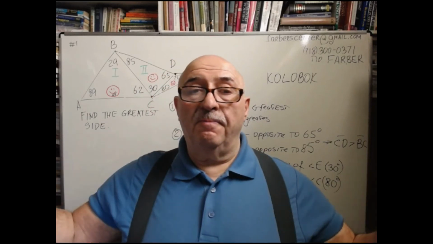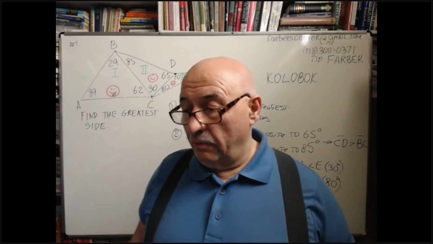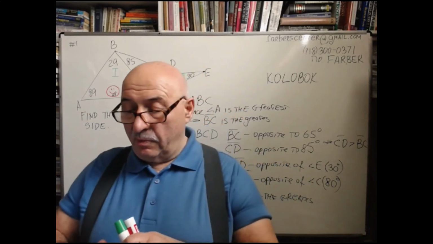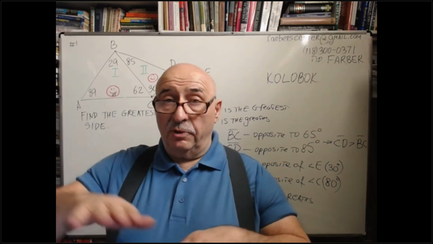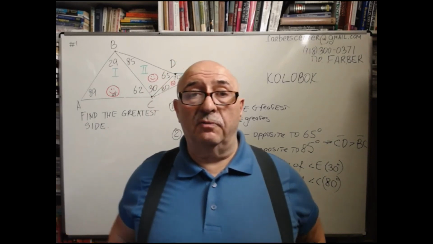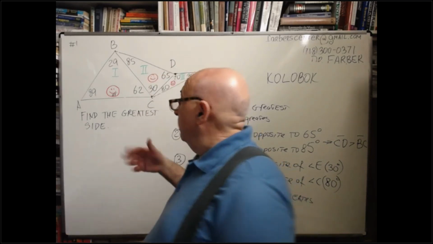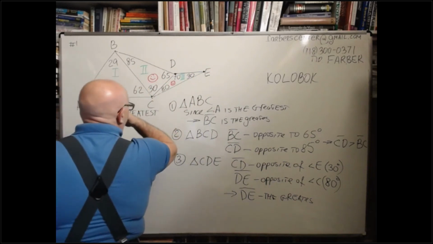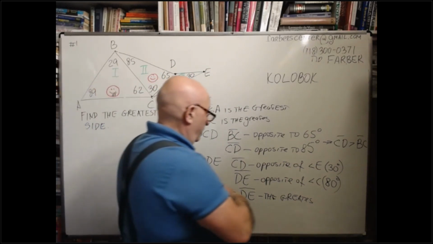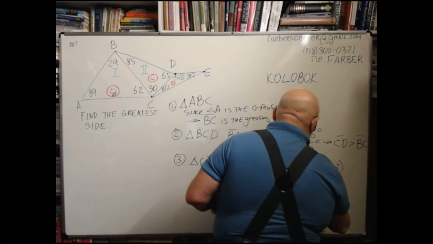When you have the internet and you want to find something, we have sorting algorithms that sort numbers from smallest to greatest, easy to find. After that, we have binary search or different kinds of search. Here, every time we find the biggest of the biggest. And the answer is DE.